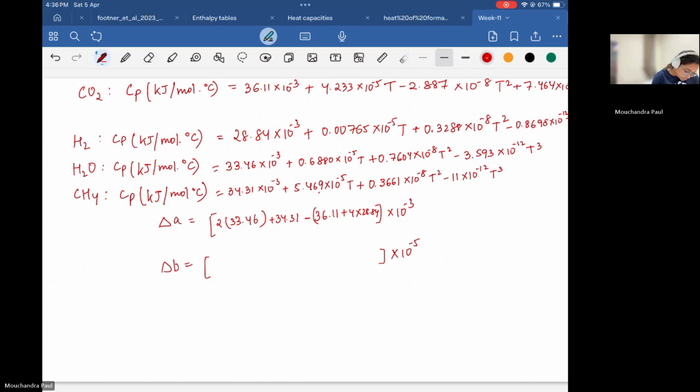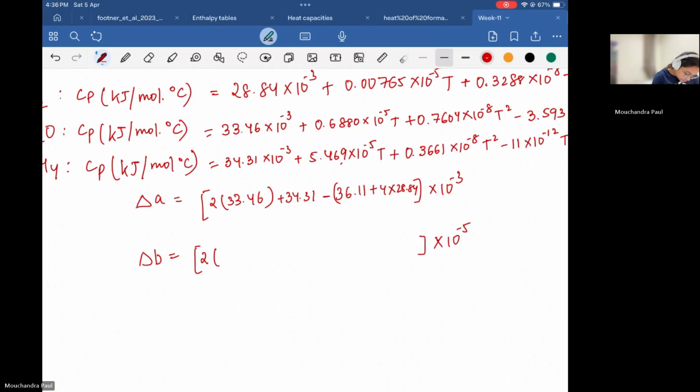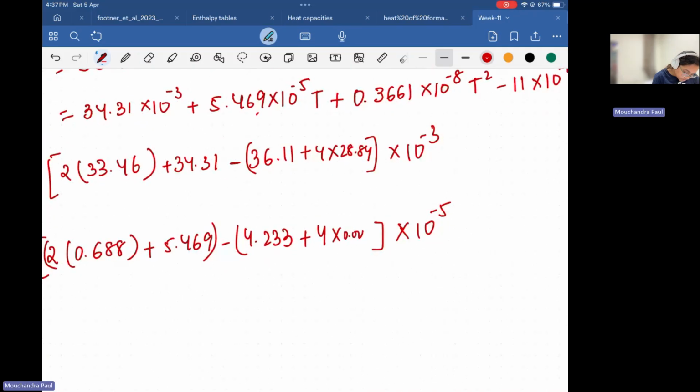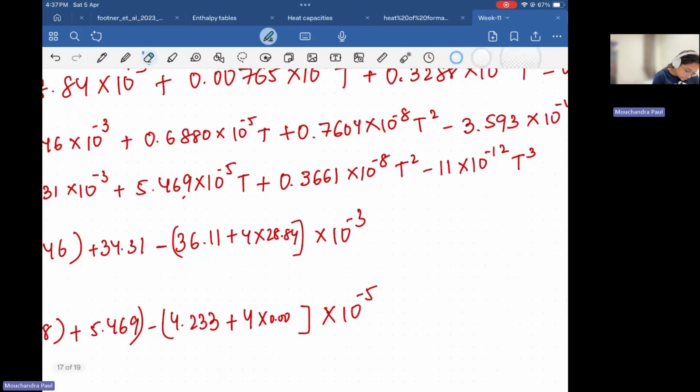Okay. So for delta B, 2 into, for water, 0.688, plus methane 5.469, minus reactant side 4.233 plus 4 into 0.00765.